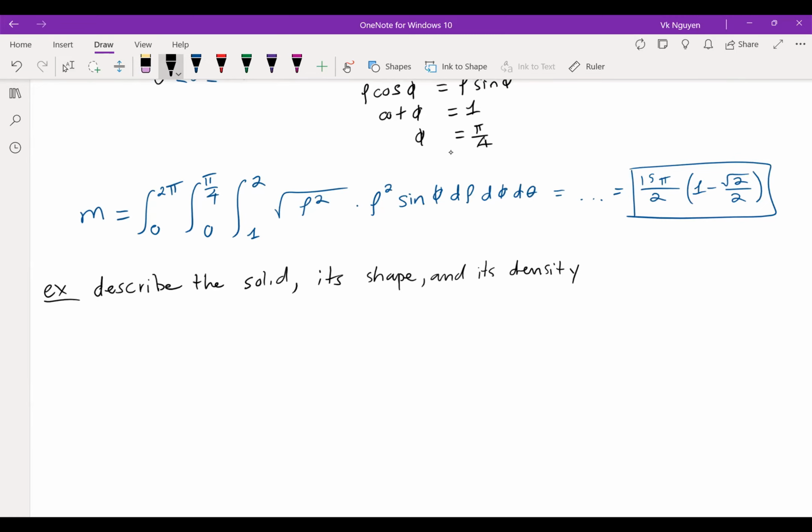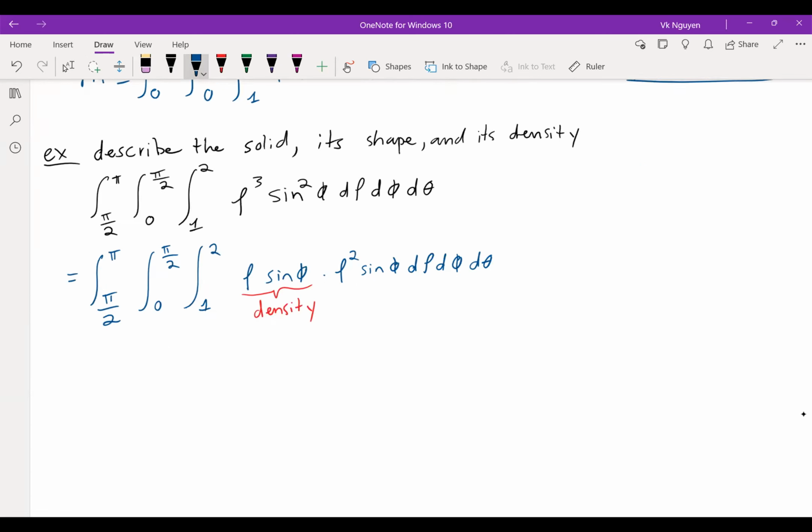So here we have theta from pi over 2 to pi, phi from 0 to pi over 2, rho from 1 to 2, of rho to the power 3 sine squared phi d rho d phi d theta.